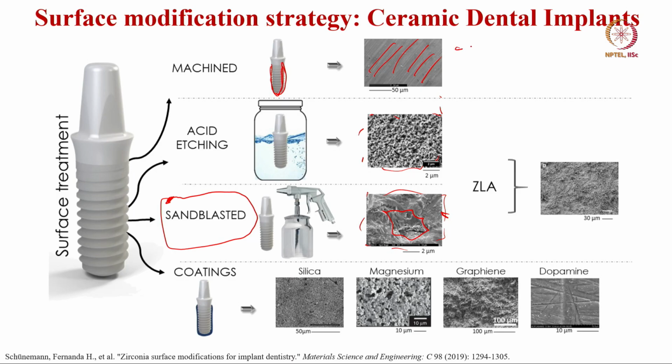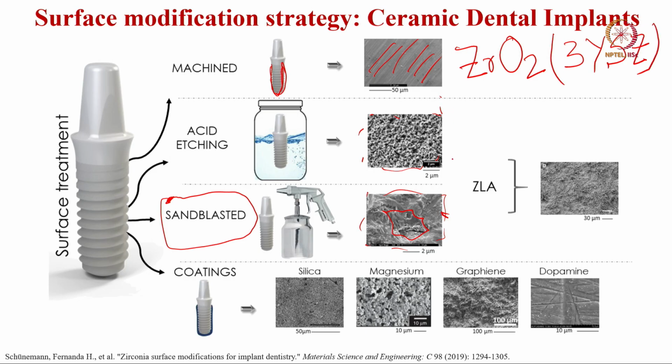So, typically ceramic implants are manufactured from zirconia-based materials. People have used 3 mole percent yttria stabilized zirconia, 3Y, which is in tetragonal form and has good strength properties.